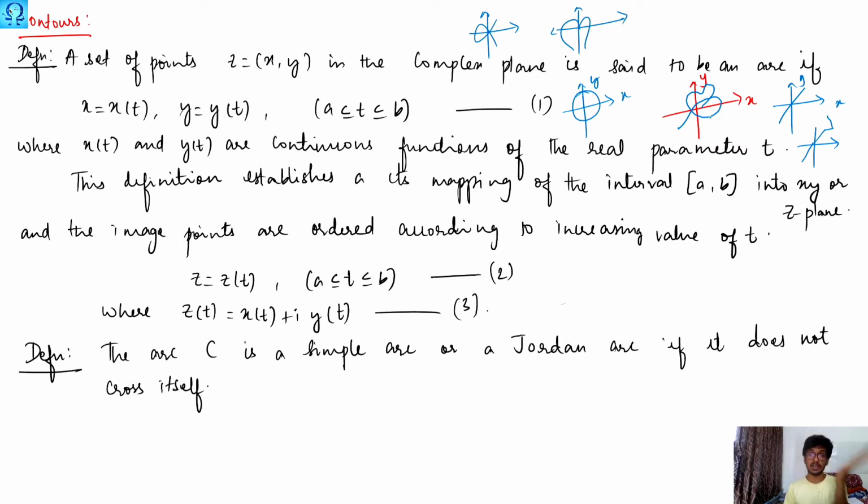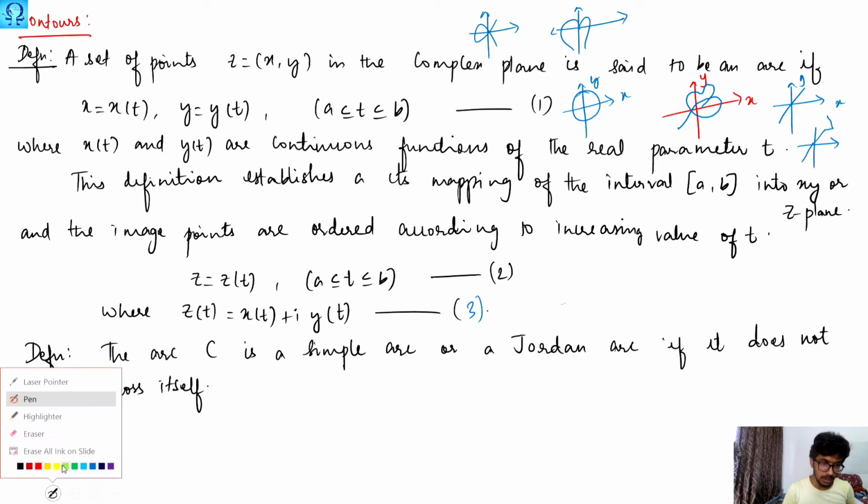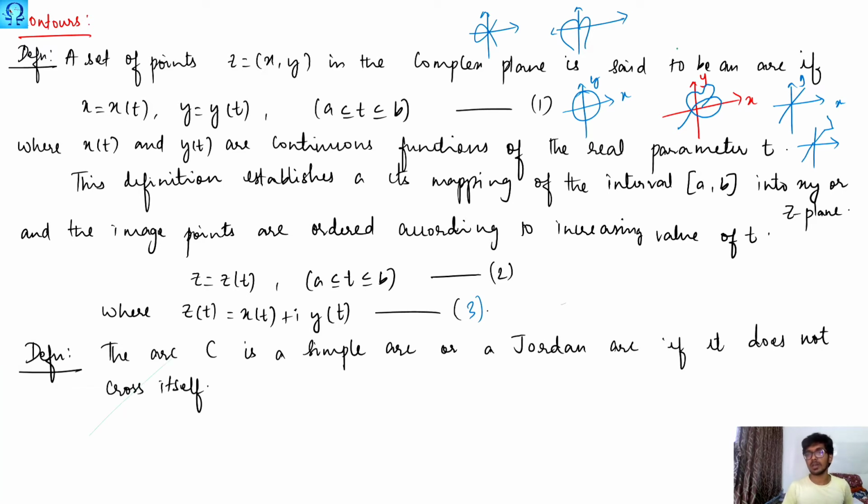I have given you several examples of arcs. I am not giving the parametric representation of these, but to make the idea clear I have drawn several diagrams. All these are called arcs. In the definition of a simple arc, it does not cross itself, which means there must be no intersecting point of the curve with itself. Let me put the tick marks in green color so that you can understand.